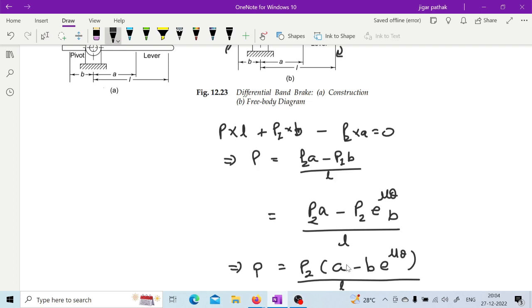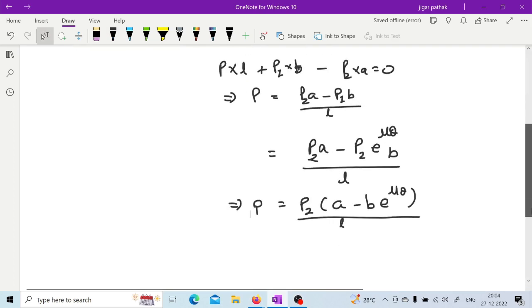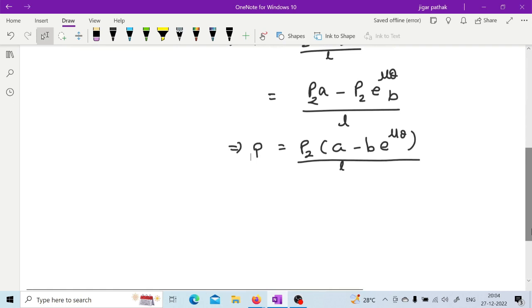So here also, if someone asks you to write the condition for self-locking, then can anyone tell what will be the condition for self-locking? A equal to B e to the power mu theta. Sorry, A equal to B e raised to mu theta.